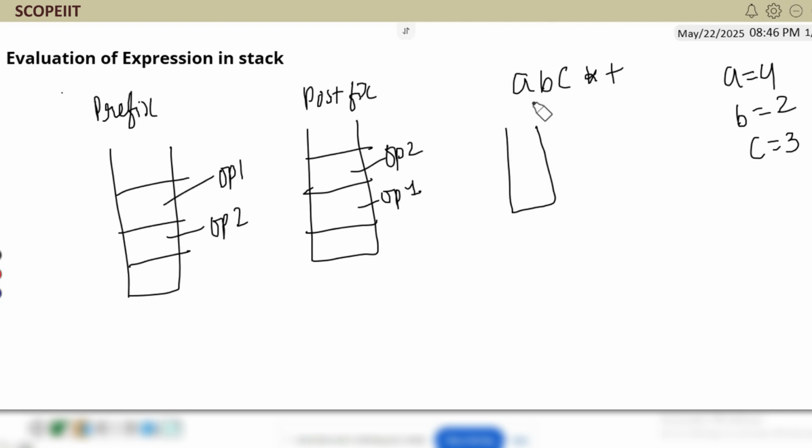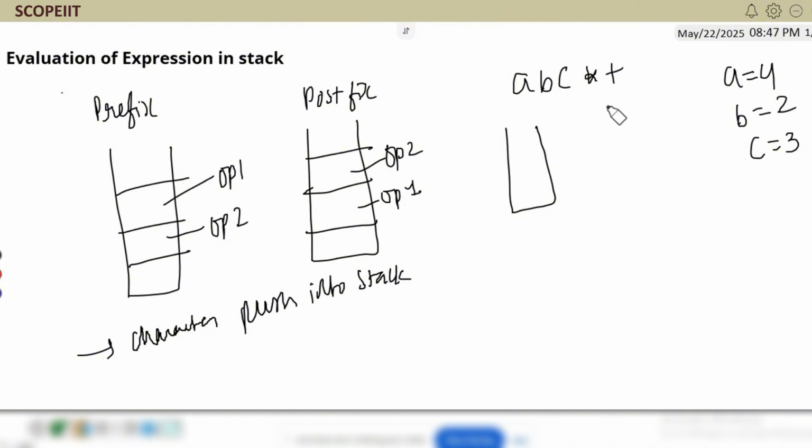See, in stack, let me make some points. Whenever there is a character, push it into the stack.